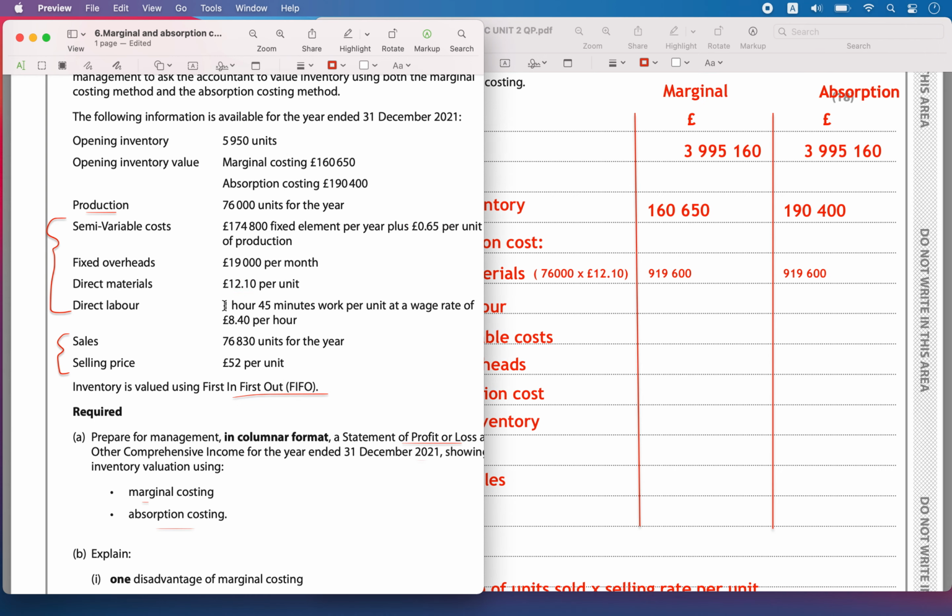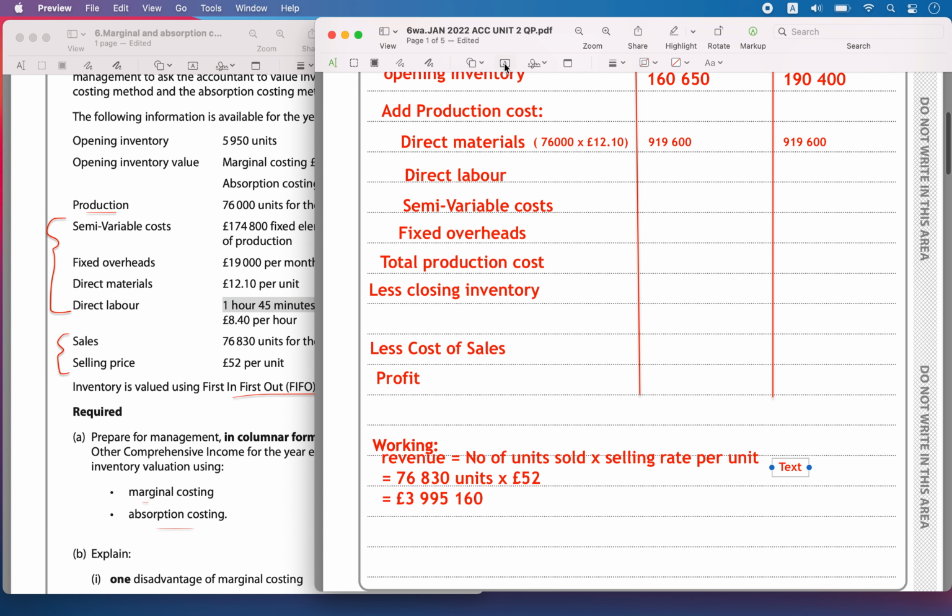Then direct labor, let's calculate the direct labor cost. It says 145 minutes of work at the rate of 8.40 per hour. So what is 1.45 work? I am going to convert it into hours.